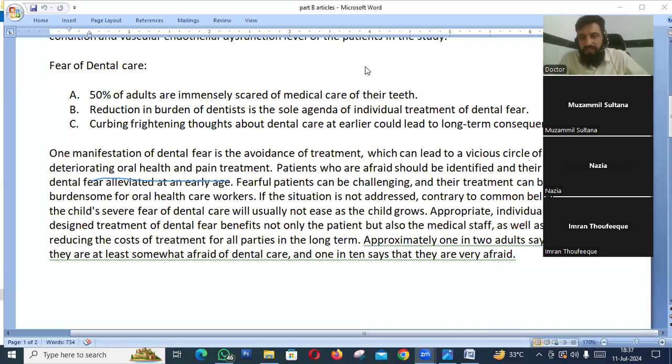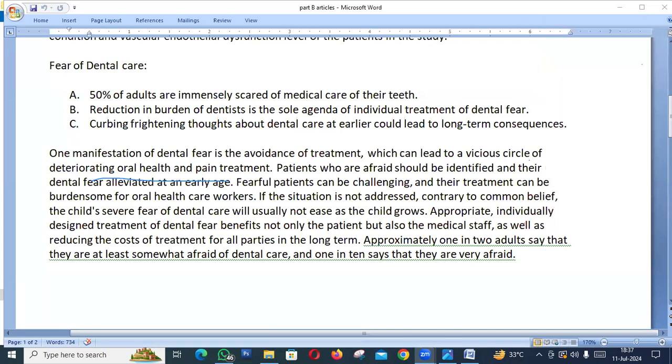Because none of you has given B as the answer. Can anybody explain to me? Bushra Yunus says A, very good. So why is B wrong?